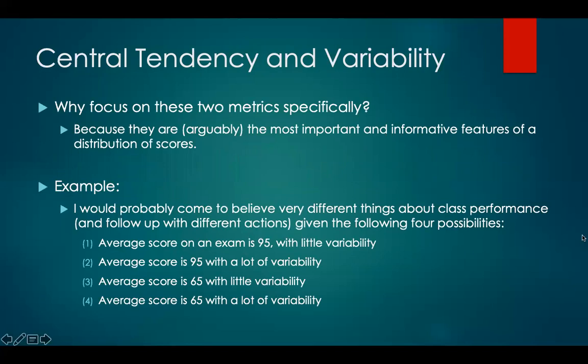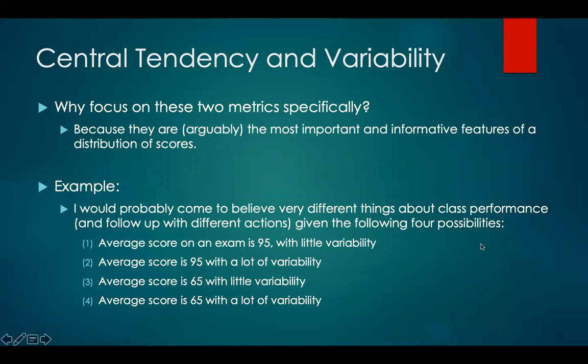So why do researchers focus on these two metrics specifically? Well, they are arguably the most important and informative features of a distribution of scores. So for example, I would probably come to believe very different things about class performance and follow up with very different actions given these four following possibilities.